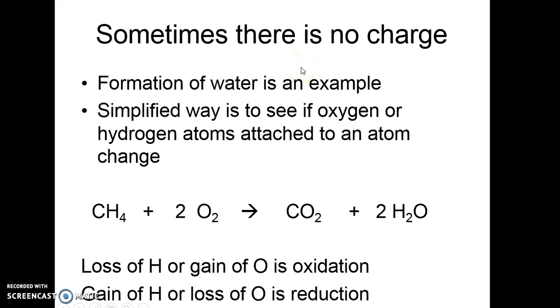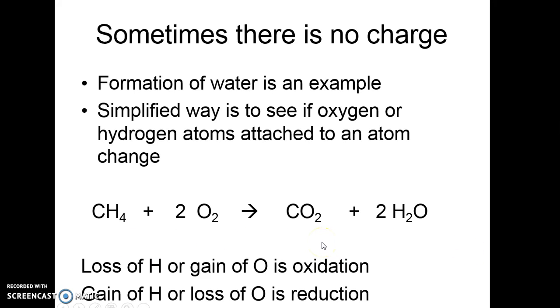Now, when you have covalent compounds, you can't do it that way because there's no charge. So let's just look at an example. If I look at methane plus oxygen burning to give you carbon dioxide and water, there's definitely changes occurring, but we can't see any charge in these molecules.